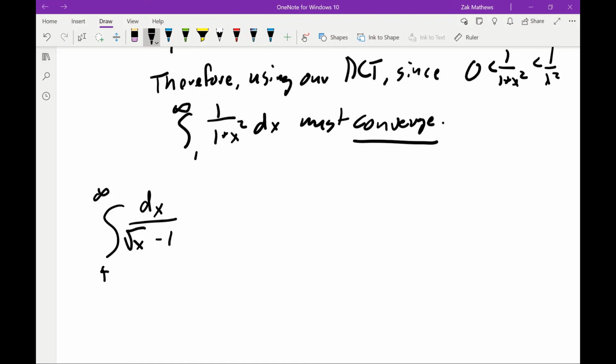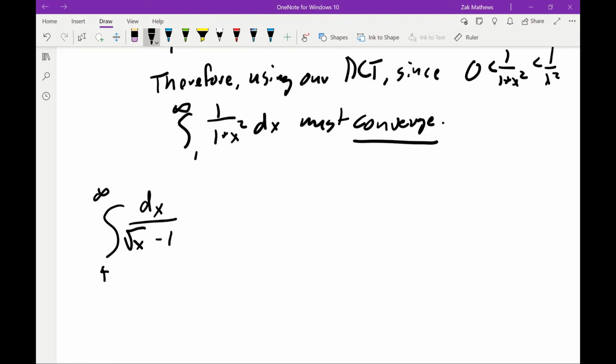So I have choices. I can use my direct or my limit comparison test. We've used two examples now where we did the direct comparison test. So let's try the limit comparison test again.